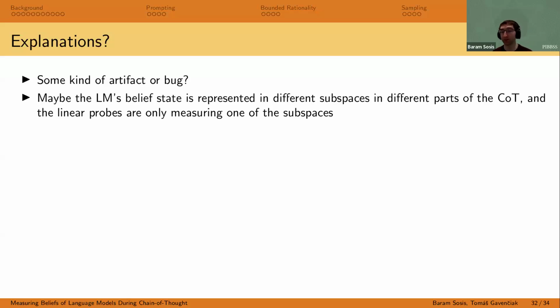And so maybe when we train the linear probes on these intermediate probabilities, it's helping the linear probes pick out some of the subspaces that are relevant for earlier in the chain of thought. Because maybe the linear probes can't capture the entire space that it's working with, only one of the linear subspaces or something.